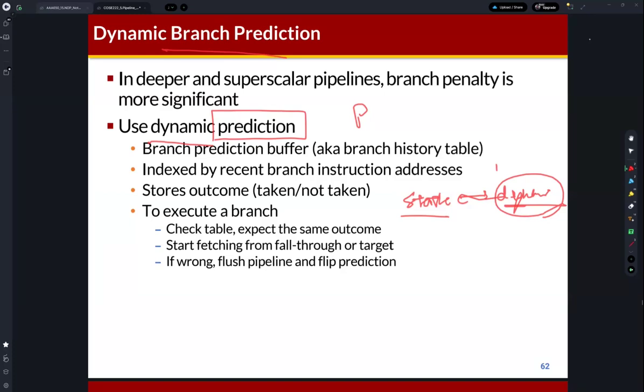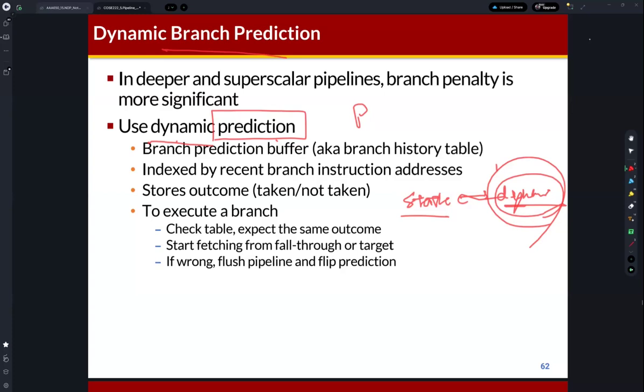While the instructions are being executed, the CPU can predict the behavior of some instructions. This technique is called the dynamic technique. So what does that mean? Dynamic prediction means that the CPU predicts the result of branch instructions in runtime, while the instructions are being executed. And this technique is very critical in CPU architecture, right?